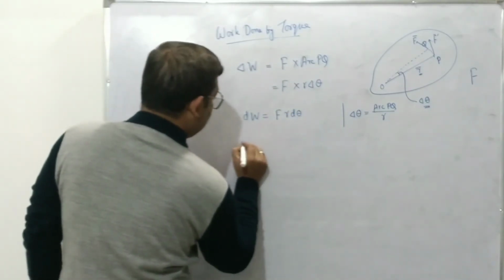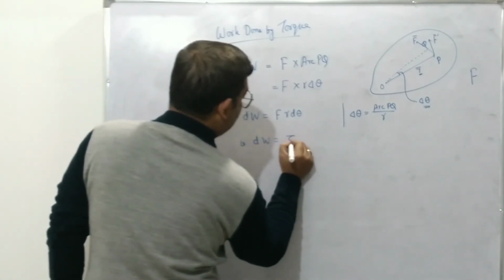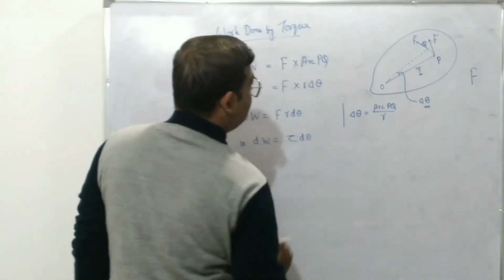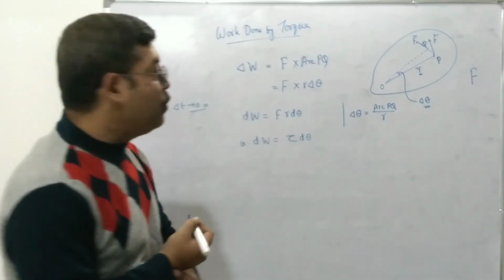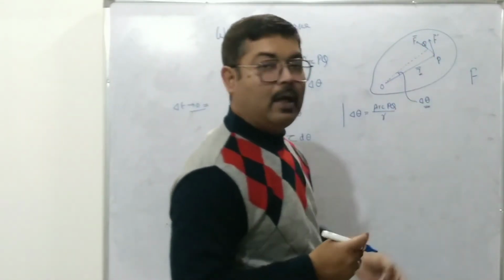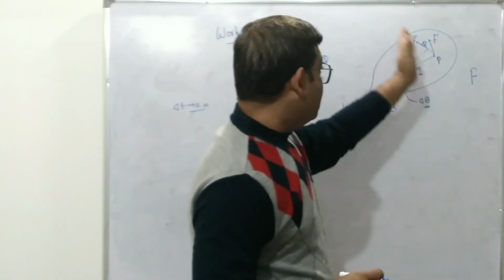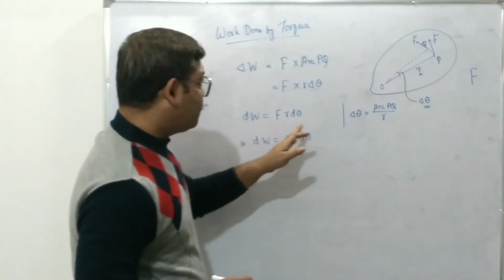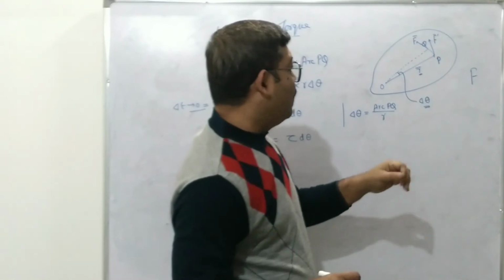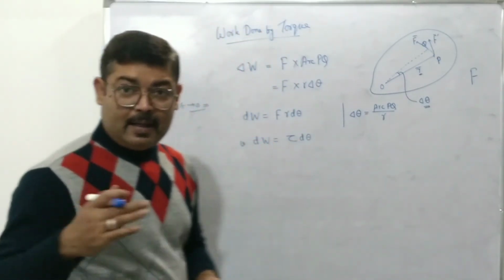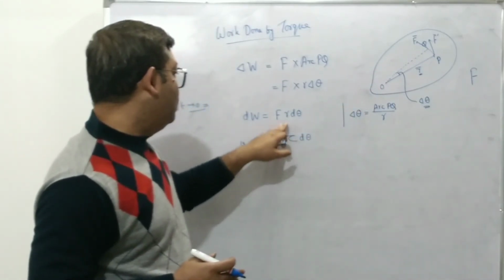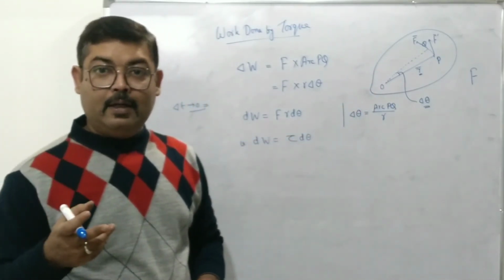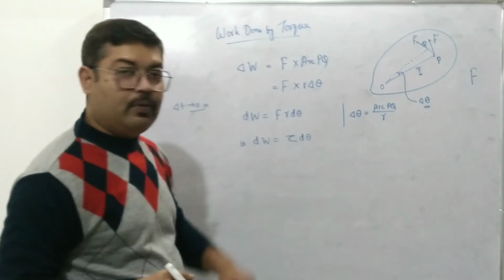Or we can say dW equals tau d theta. For circular motion of the path, since F is approximately tangential to it, F is applied tangentially, and so R cross F will be equal to F into R sine 90 degrees, and so we have FR equal to tau.